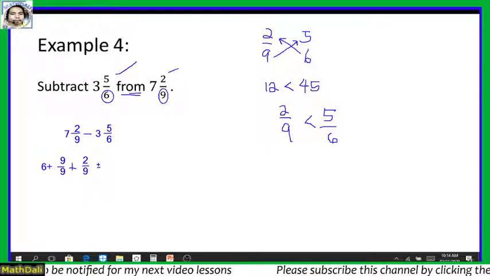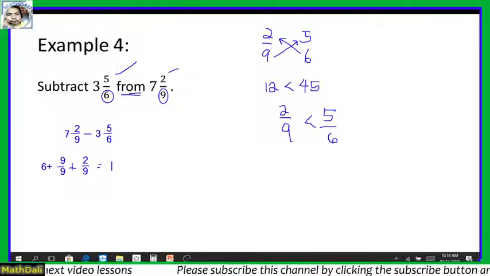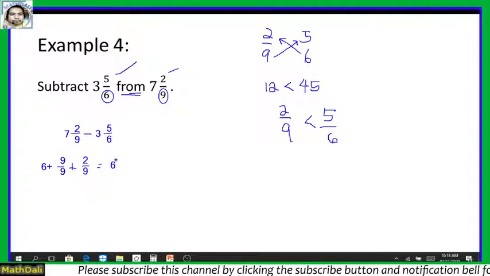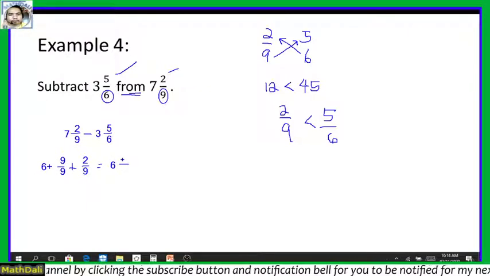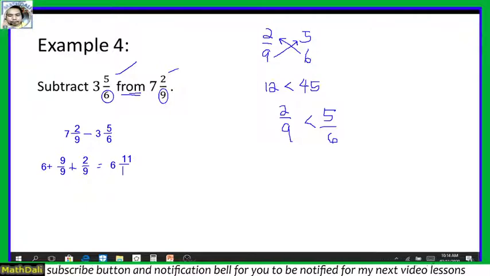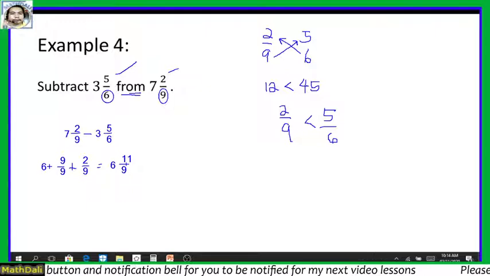That will be equal to 6 and meron tayo ditong 11/9. 9 plus 2, that is equal to 11/9.